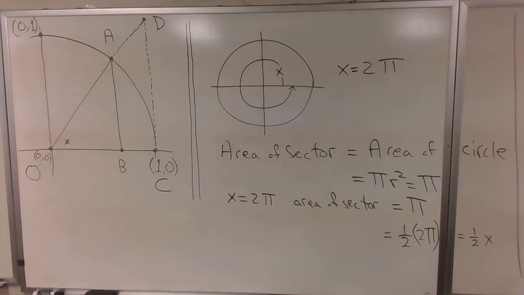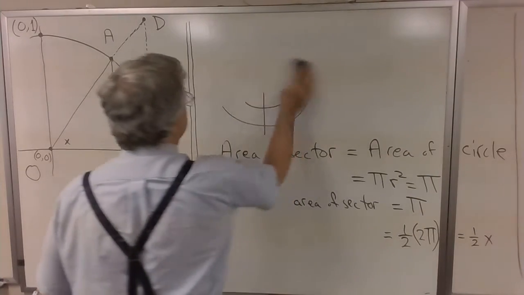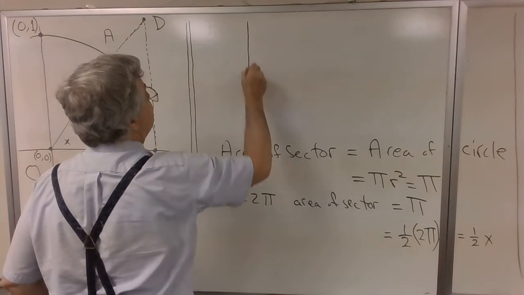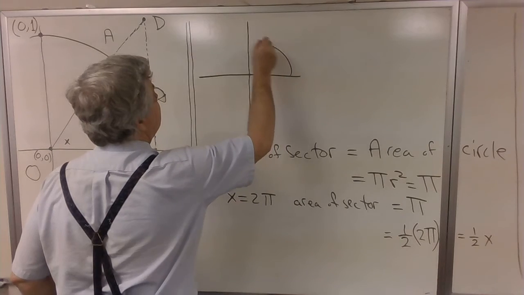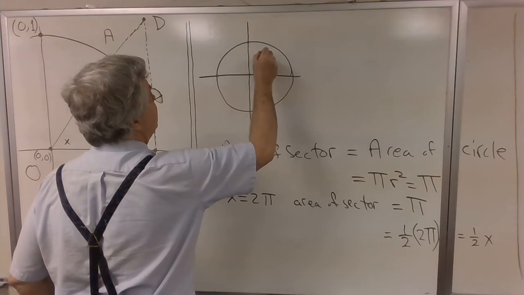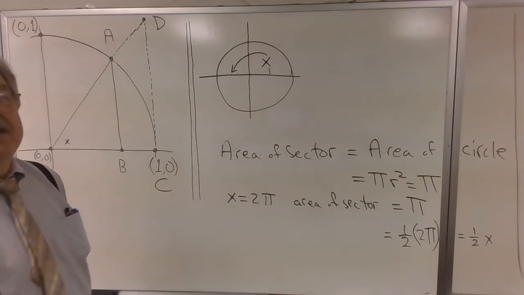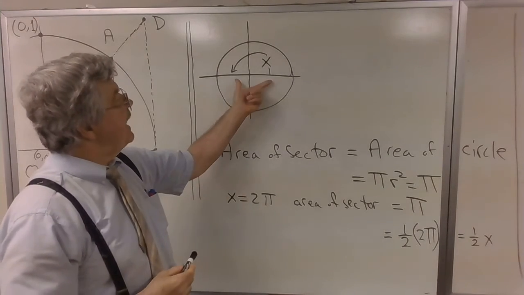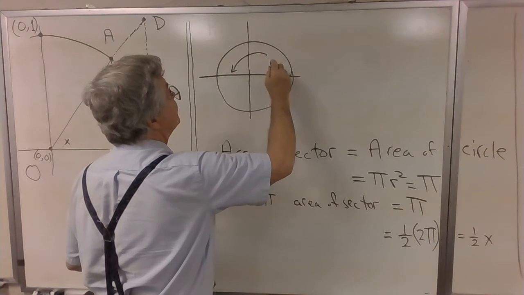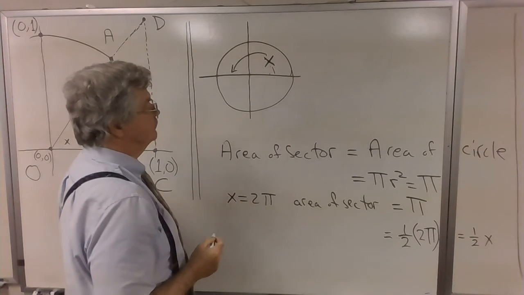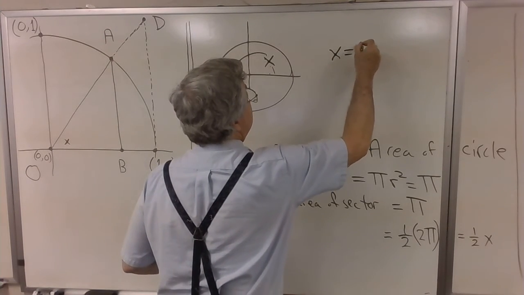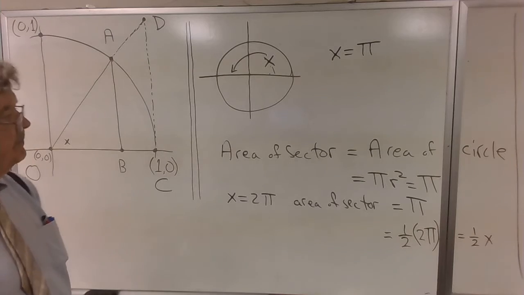Let's look at another example. Here, the sector is half of a circle. So our angle x is pi.